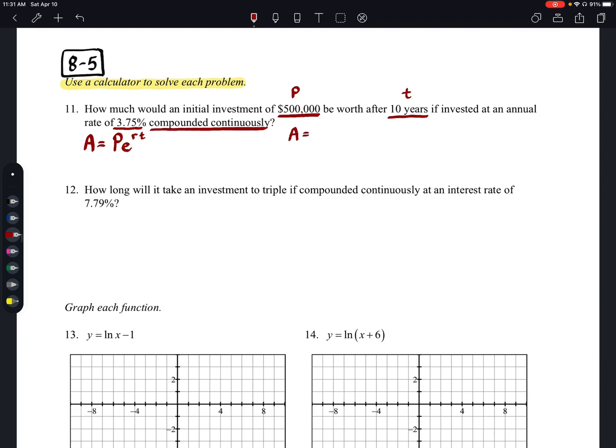So A is going to equal 500,000 times E raised to the power of 0.0375, right? That's how we write 3.75% as a decimal. And we're going to multiply that times 10 for the time.